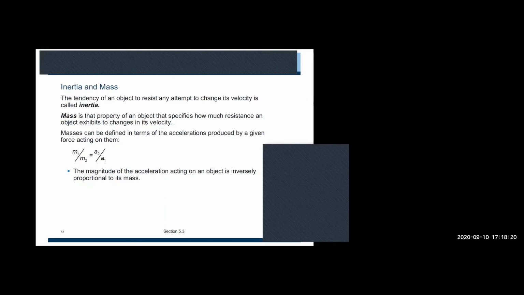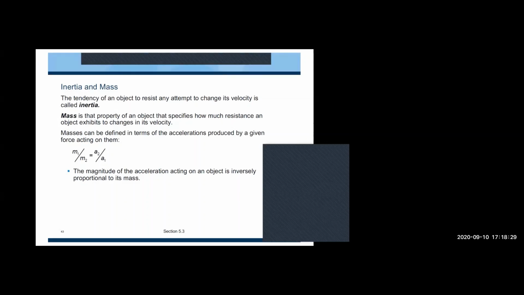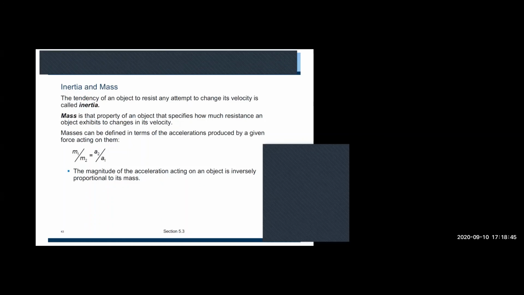Whenever an object is subjected to an external force, it would start to change its motion, be it initially at rest or initially at constant velocity. So whenever you have a net force, the motion will change. And inertia tells you how likely it is to change the motion by the same amount of external force.